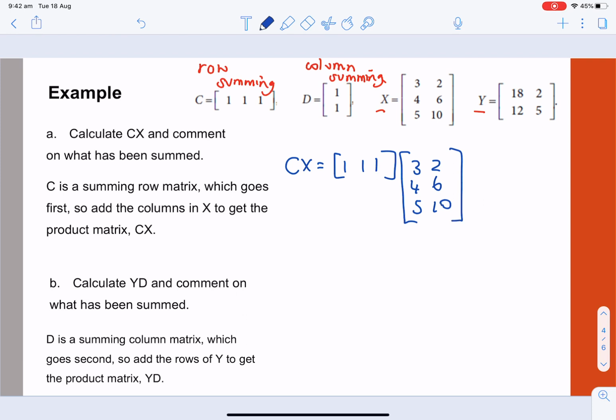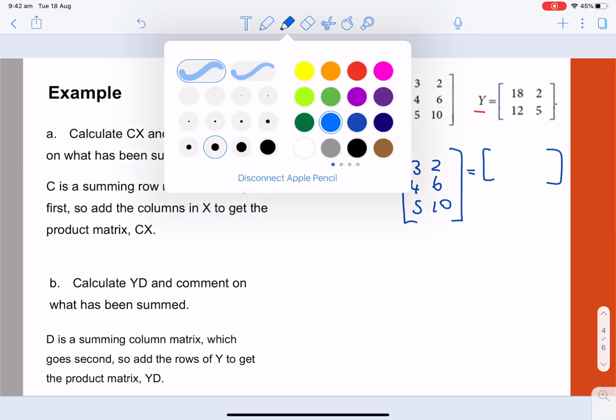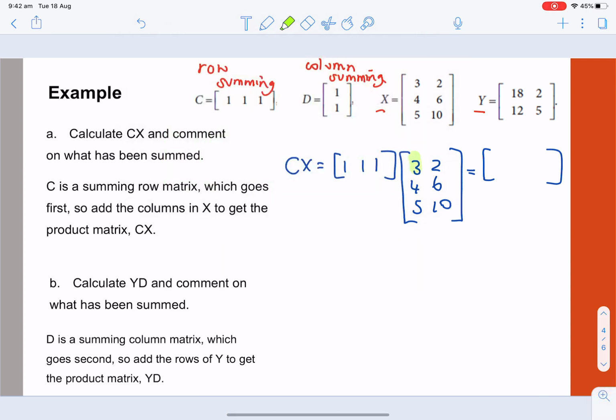Because I have a row matrix at the front, I'm going to end up with a row matrix at the end. Let's add these numbers up. Because I've got a row matrix, I need to add my columns. So 3 plus 4 plus 5 equals 12. So 12 goes in there as my first element.